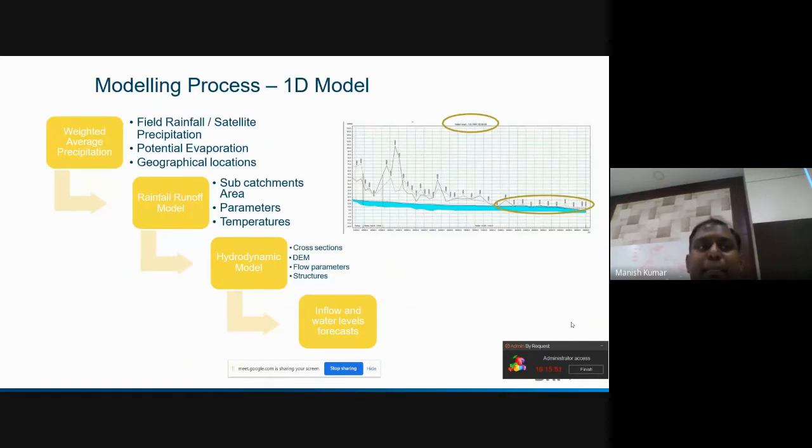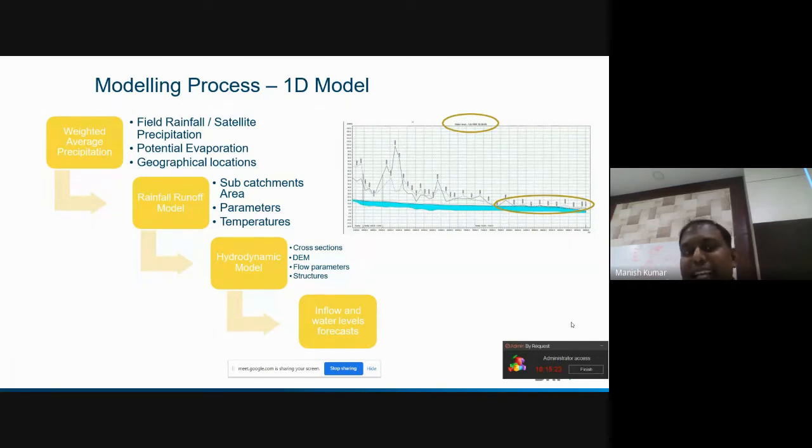So basically, simple, you have different sources of precipitation. You use that precipitation source. Again, I'm talking about the MIKE software package. This process will be a little different in a different type of model. So the first thing that we do is, using different sources of precipitation, we calculate catchment rainfall.